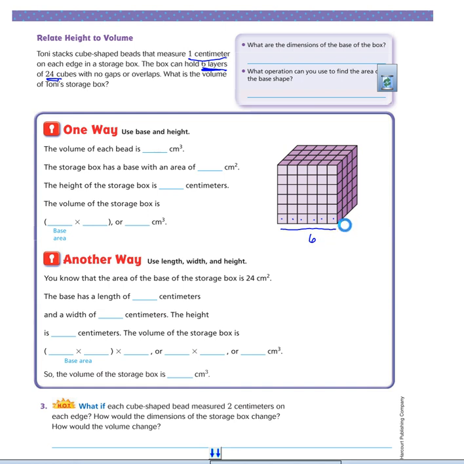And then I look over here, and my width is 1, 2, 3, 4. So my dimensions are 4 centimeters and 6 centimeters. And what operation can you use to find the area of the base shape? Well, I'm going to do multiplication.